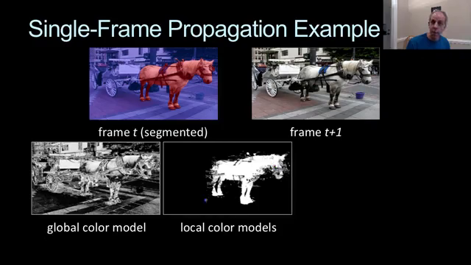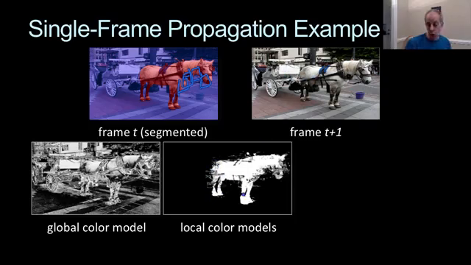Much, much better using local color models, because we only care about what's around each one of the pixels in the boundary. Now there are still problems, as we see here: the horse is white, the carriage is also white, so certainly the color there won't help a lot, and we see that problem coming here, okay?